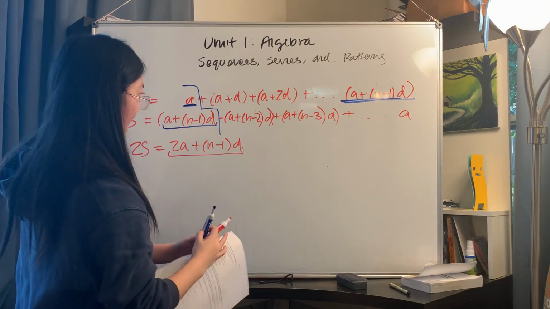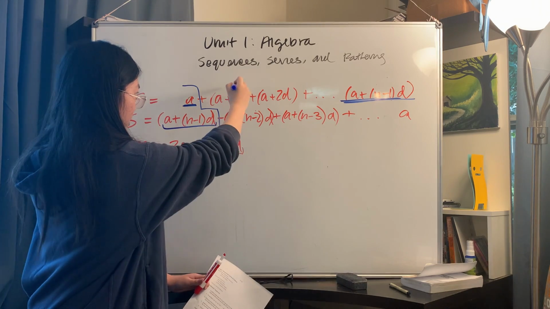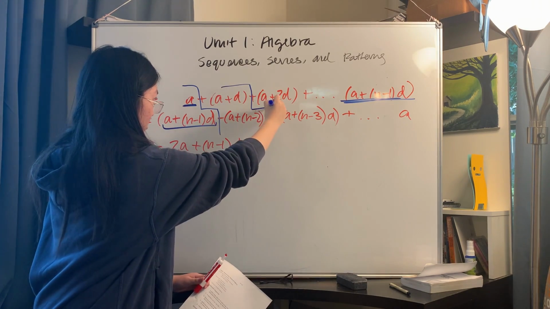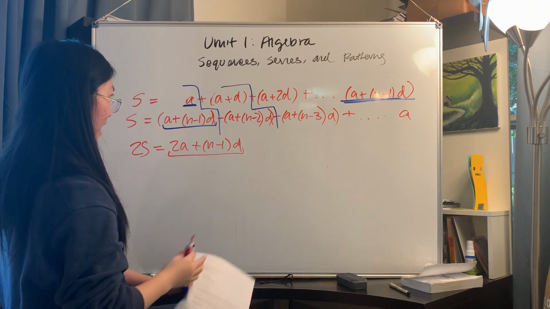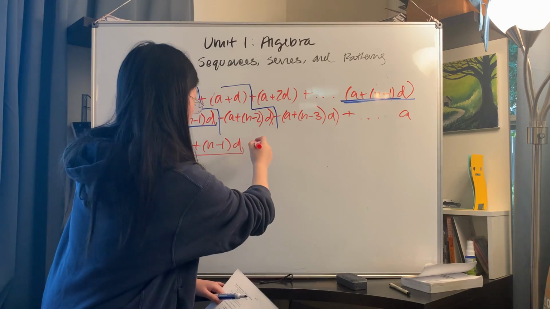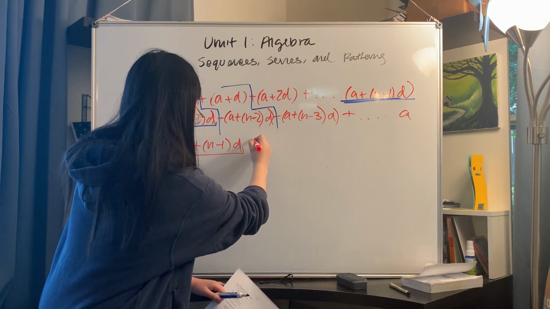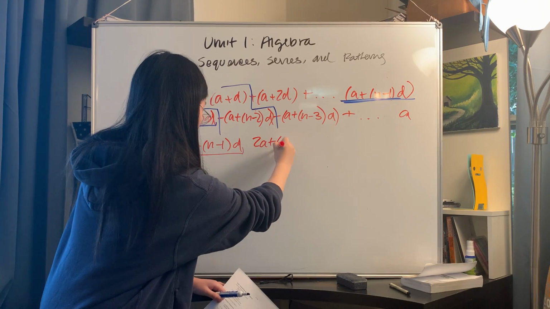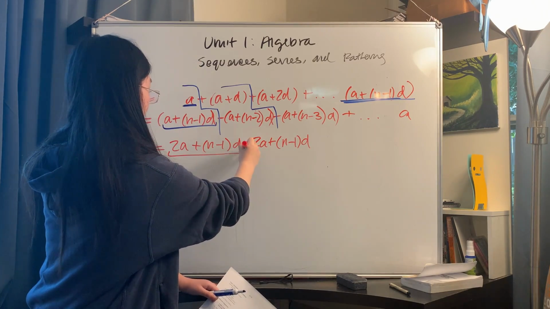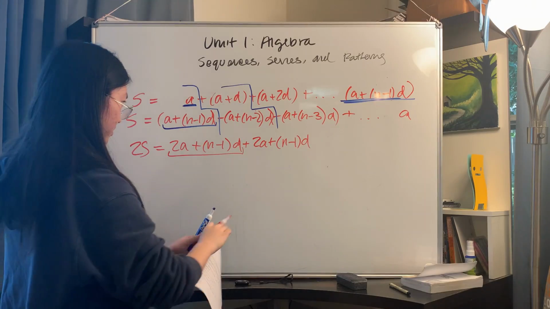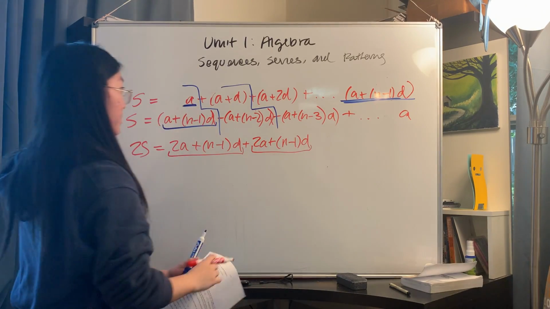And then we're going to be adding this term with this term here. And what we get is 2a plus (n minus 1)d. And that makes sense, right?